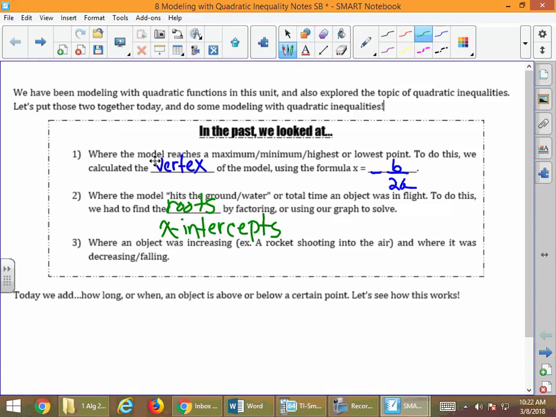Finally, where an object was increasing or decreasing, where it was going into the air or falling to the ground, we use some sort of interval. What we're going to add today is how long an object was above or below a certain point.